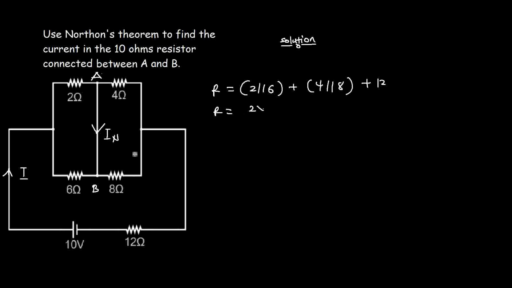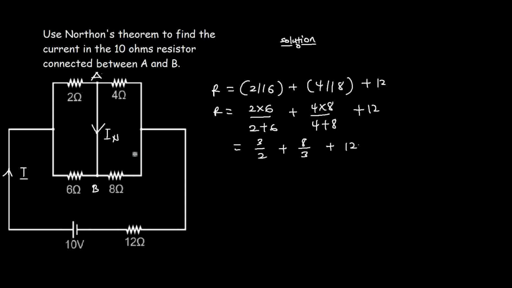That is 2 times 6 divided by 2 plus 6, plus 4 times 8 divided by 4 plus 8, plus 12. Let's simplify this. 2 times 6 divided by 2 plus 6 gives me 3 on 2, plus 4 times 8 divided by 4 plus 8, which gives me 8 on 3, plus 12.